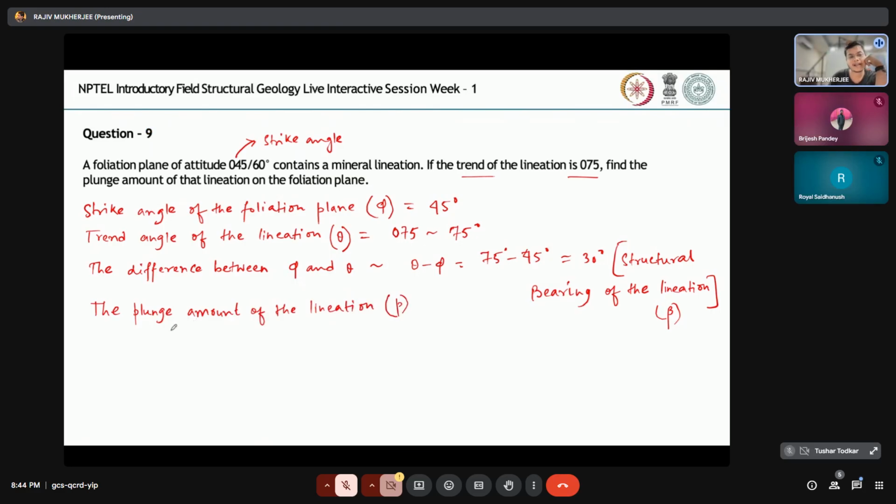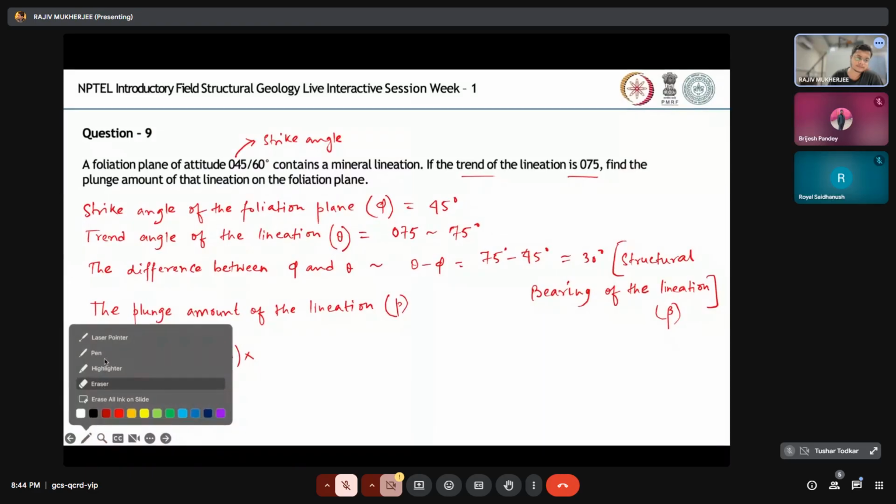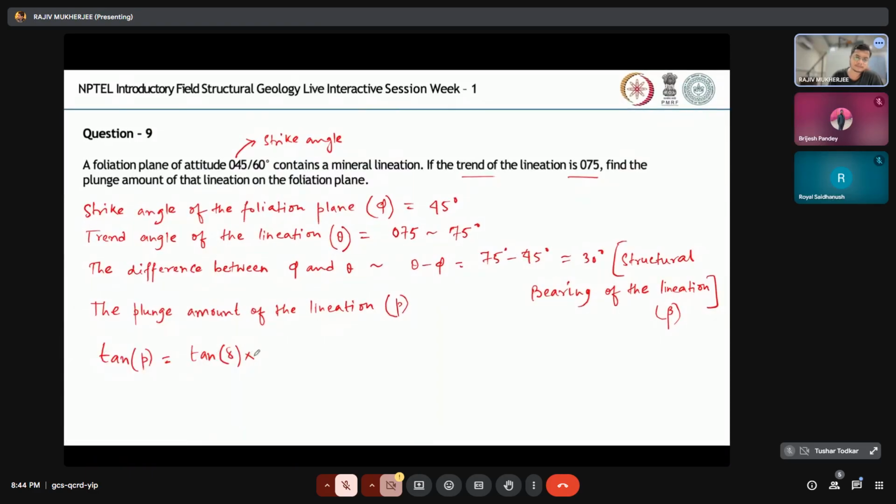So there is an algebraic relation, trigonometric relation, which is tan of plunge amount is essentially equal to the tan of the dip amount of the plane times sine of the structural bearing.